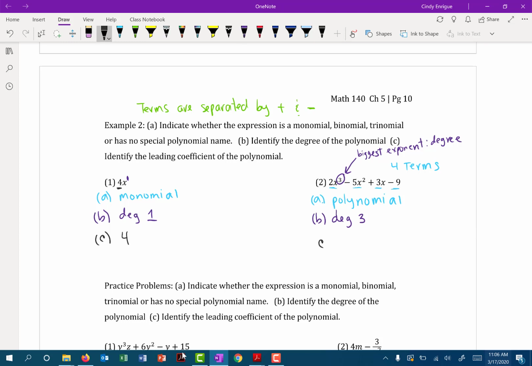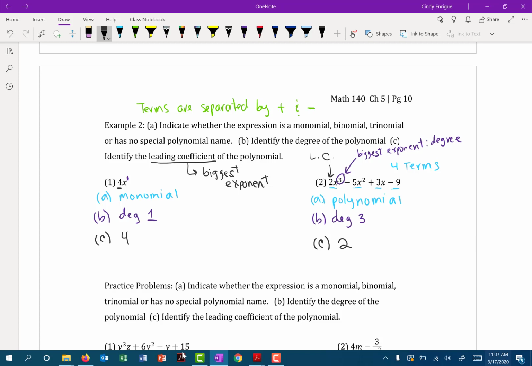And the last thing we want to look at is the leading coefficient. The leading coefficient is in connection to the biggest exponent. So here, this 2 is going to be my leading coefficient. So the leading coefficient here is 2.